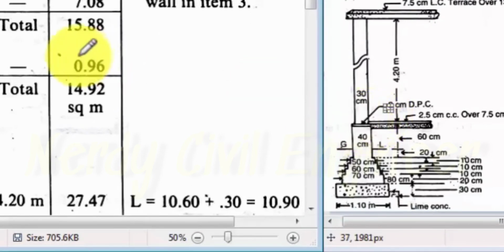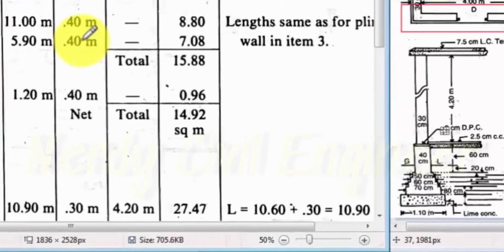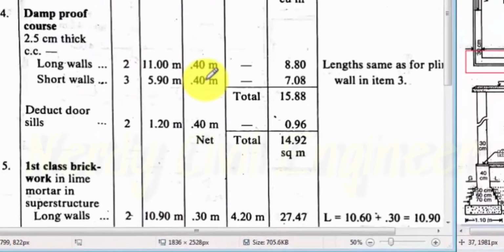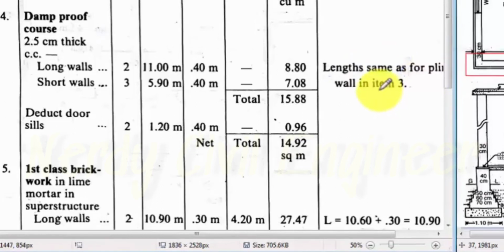And the DPC doesn't have a definite height, so in the DPC we will not consider any height, and as the DPC lies above the plinth, we will consider the plinth breadth from the cross section. And as for long wall, you know there are 2 long walls, and as for short walls, you know there are 3 short walls. And the calculation will look like this. Okay?